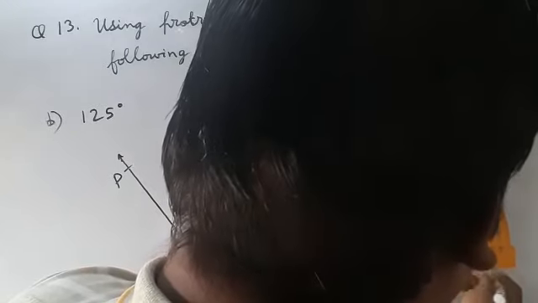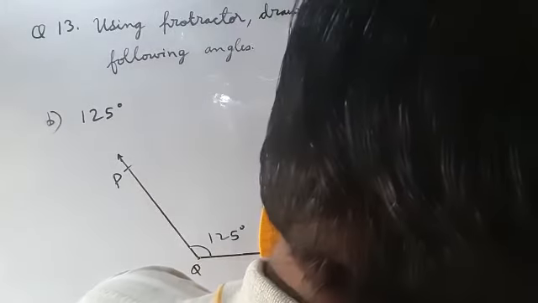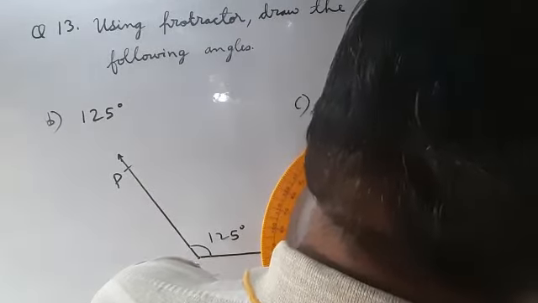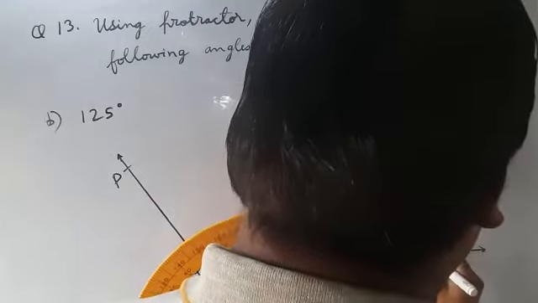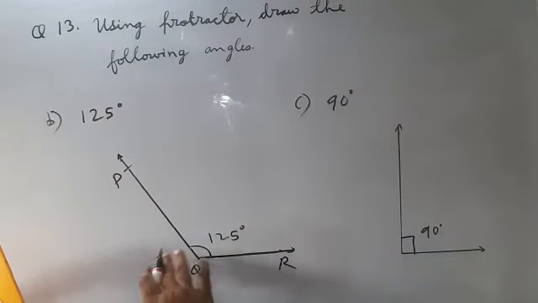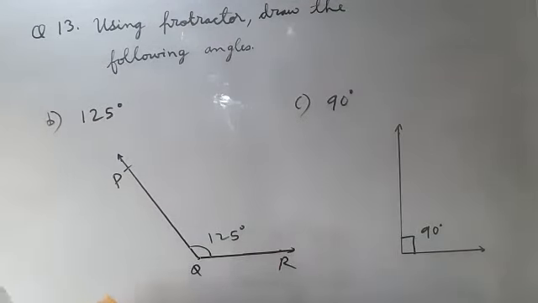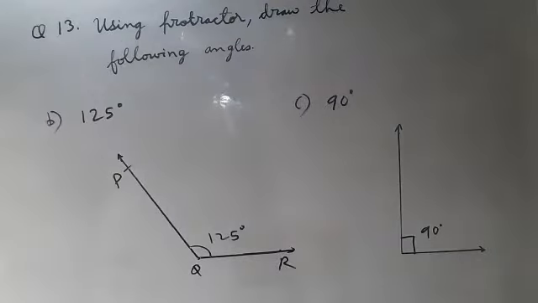Next here will be 90 degrees. Like this you will draw. If you are drawing from this side, the angle will go like this. I hope you are getting the concept. Have a nice day, students.